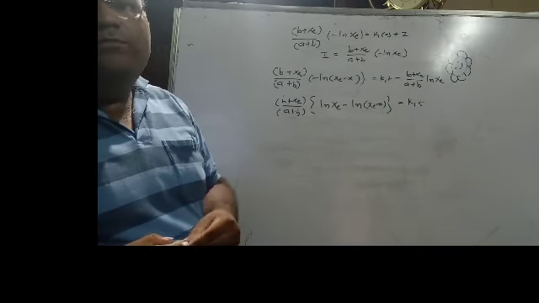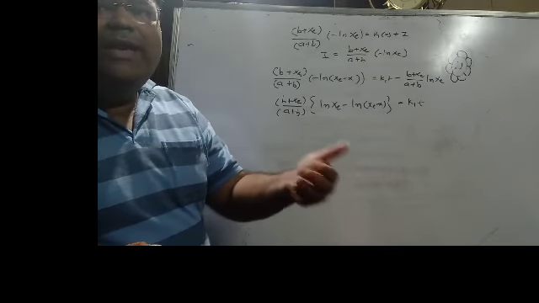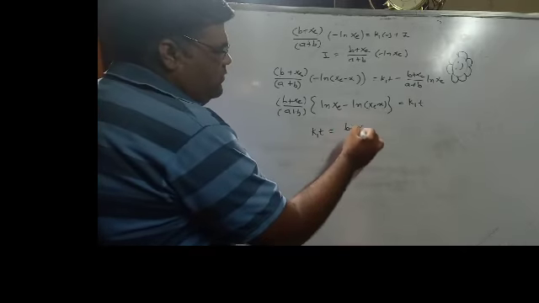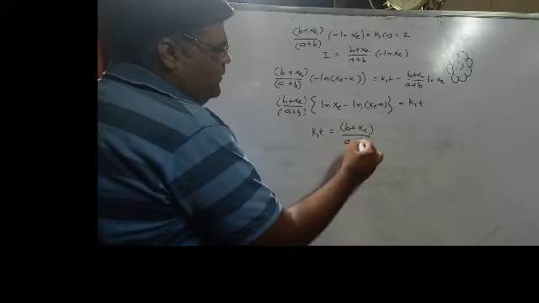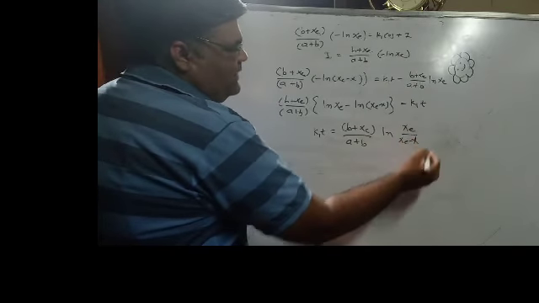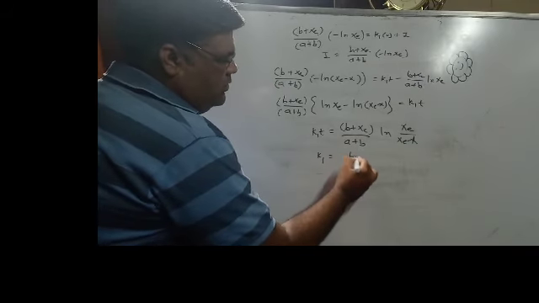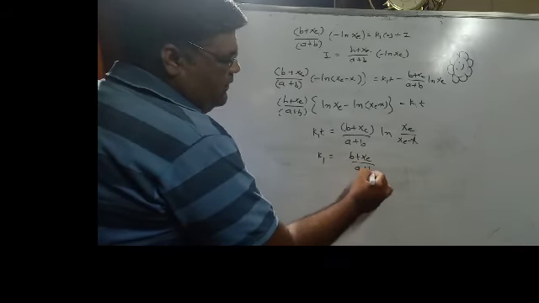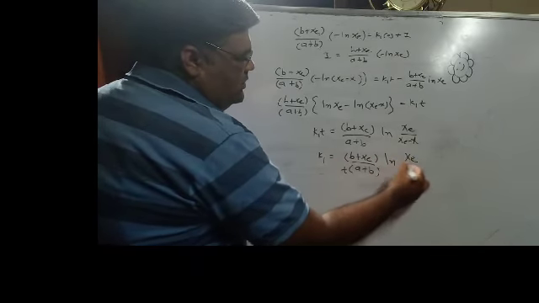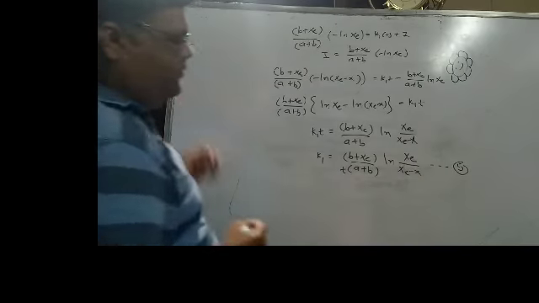And we know the rule of logs, log x minus log y is equal to ln x/y. So k1t is equal to (b + xe)/(a + b) into ln xe/(xe − x), and k1 is equal to (b + xe)/((a + b)t) into ln xe/(xe − x). That is our equation number 5.